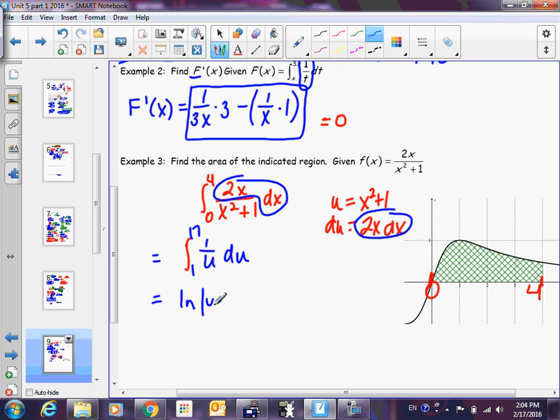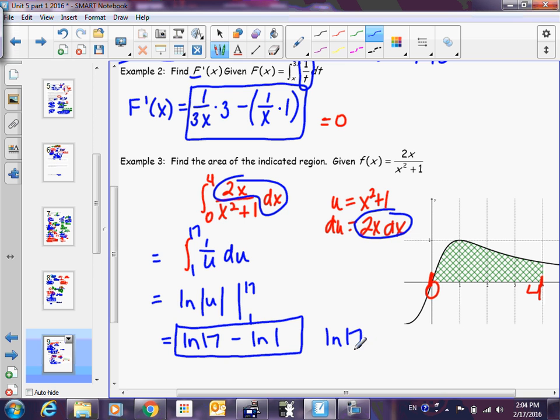So we can do natural log of u. The nice thing about this is I don't have to go back to x. You could go back to x. You could put x squared plus 1 here, but then you're going to have to use the original bounds. So we get natural log of 17. I dropped the absolute value bars because what I'm plugging in is a positive number. This is perfect for a final answer, anything equivalent.